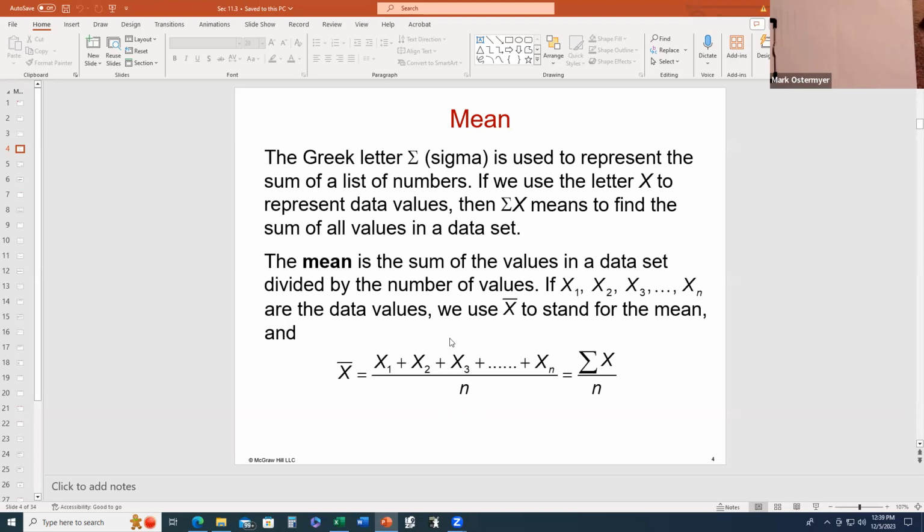Notice the symbolism that's used to represent the mean of a sample is always X bar, X with a little bar over it. Again, that symbol is universally used in all statistics books to represent the mean of a sample. So let me make note of that. This is the symbol that is used to represent the mean of a sample.